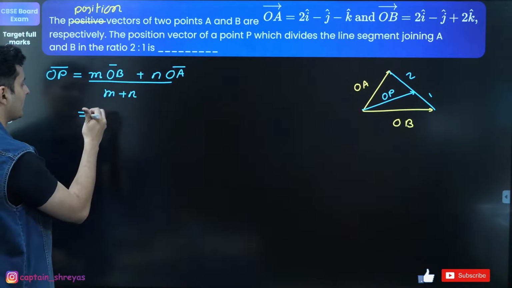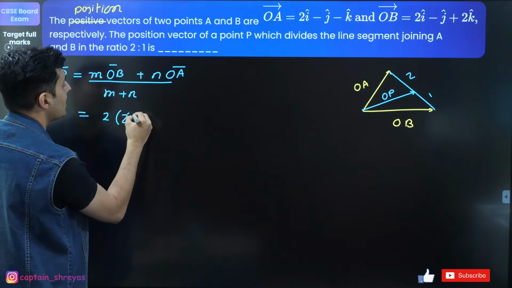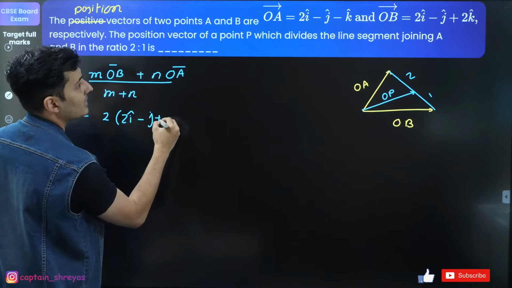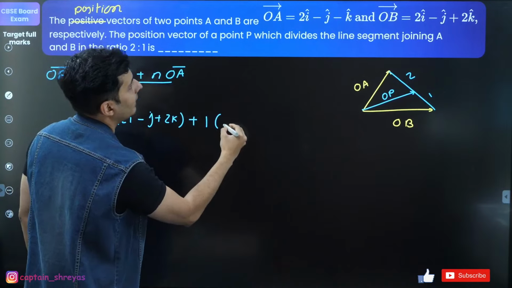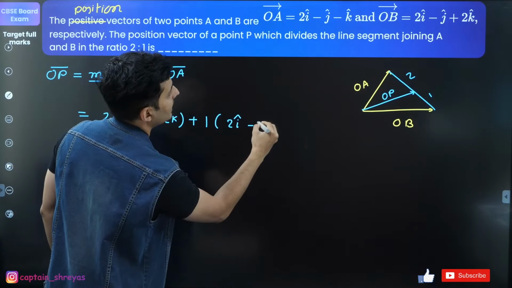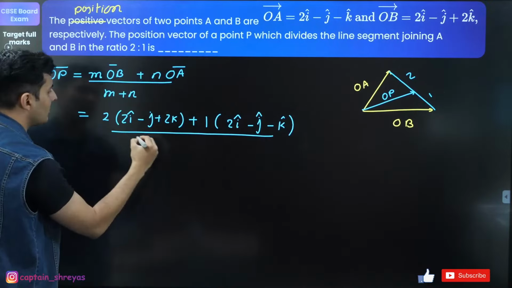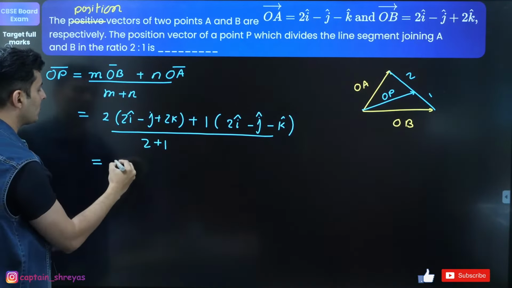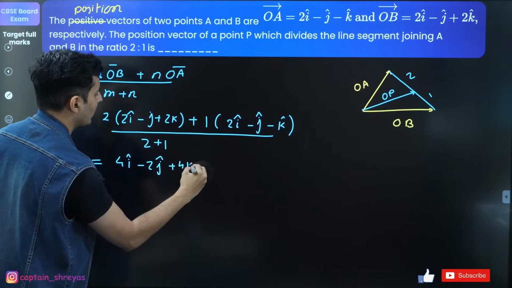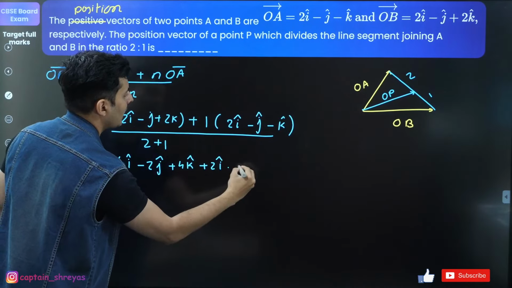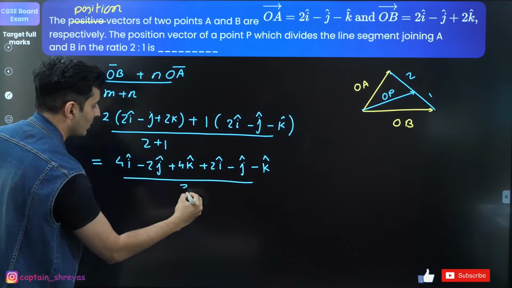Great. So what next? M is basically 2. OB is 2I minus J plus 2K, N is 1. OA is 2I minus J minus K. And what is there down? 2 plus 1. 2 2s are 4I, then minus 2J plus 4K, plus 2I minus J minus K, whole thing divided by 2 plus 1, which is 3.